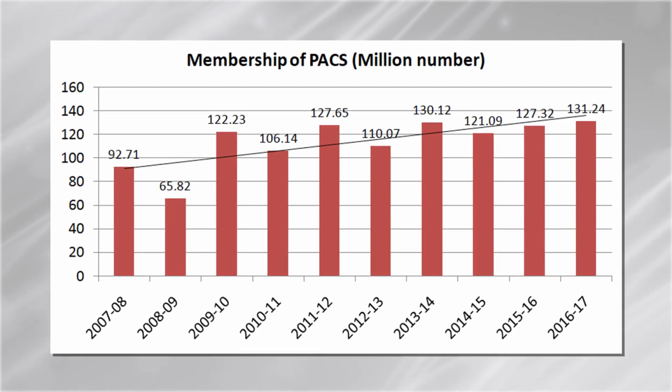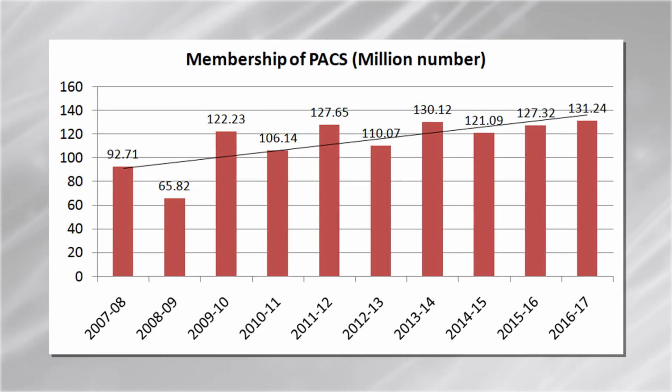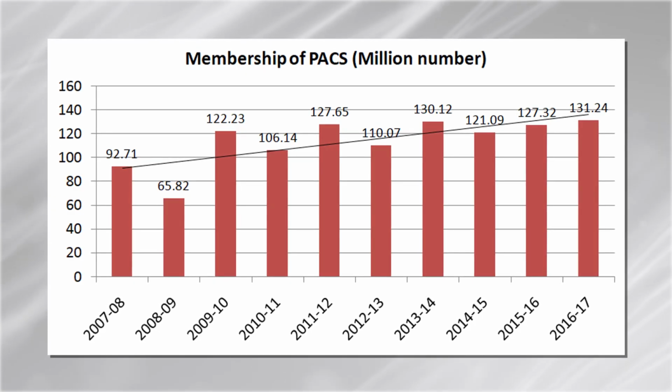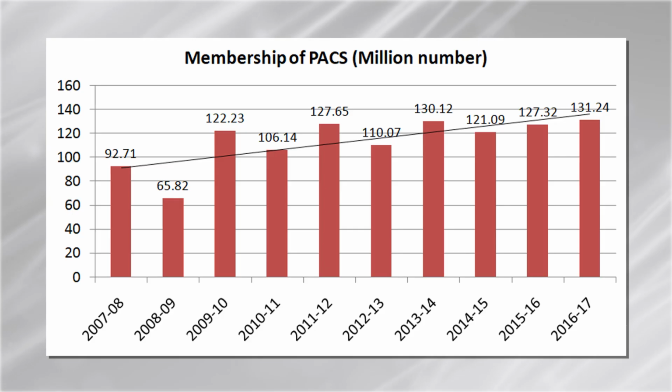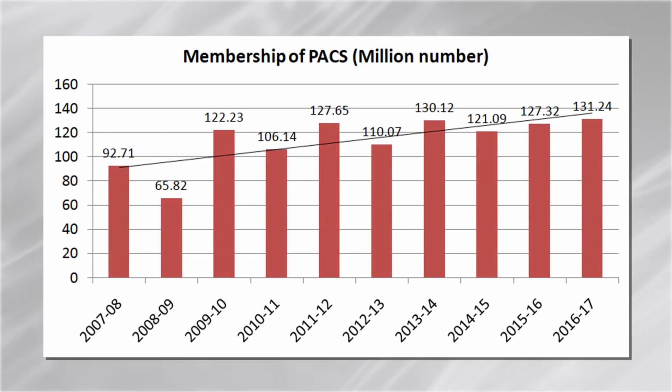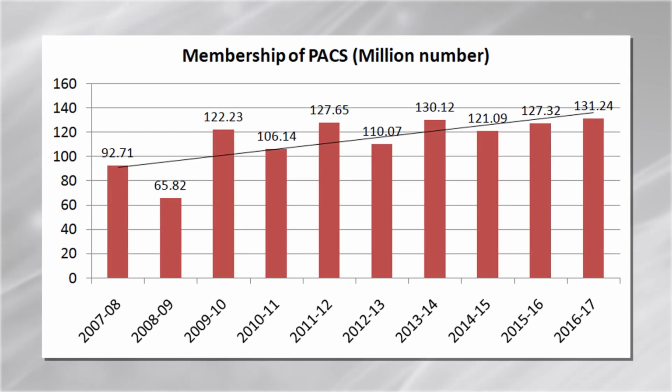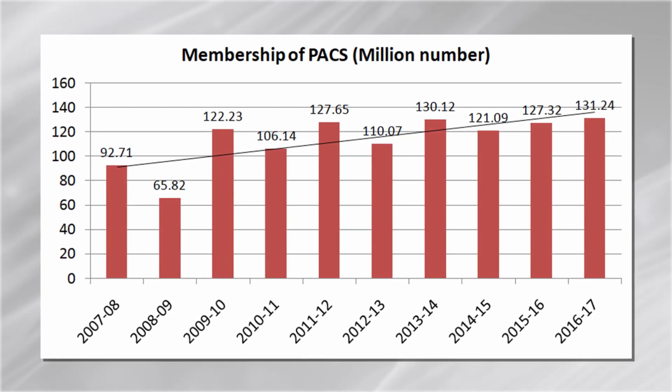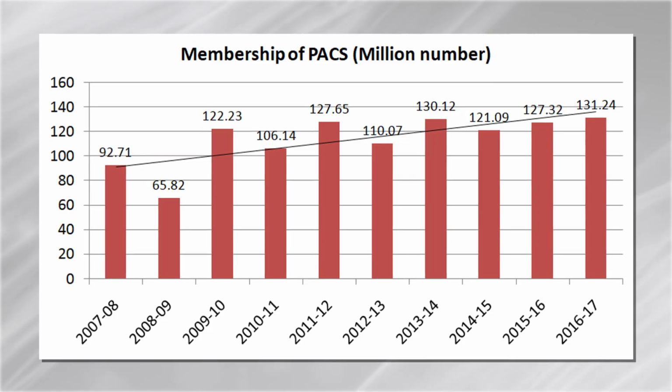So here again the number of members of these primary agriculture credit cooperative societies is increasing over the period of time, and the line is showing the trend in the growth of the membership.